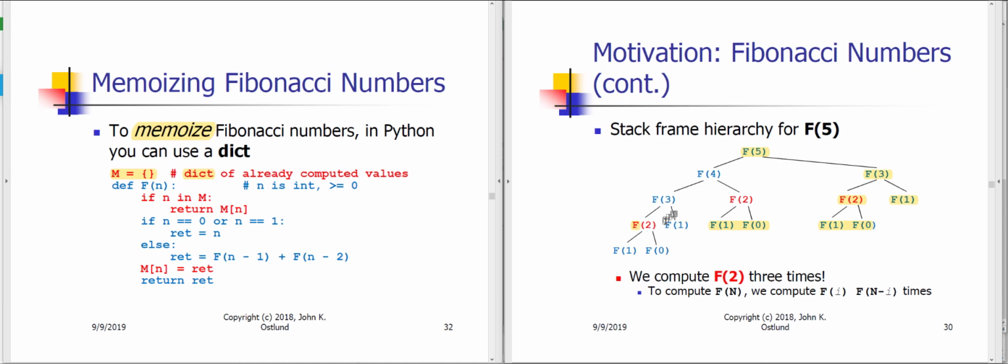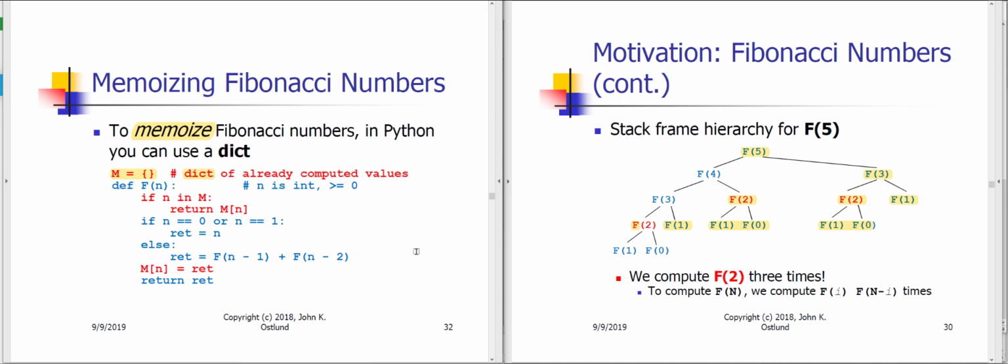In fact, we only compute f of 0 once, f of 1 once, f of 2 once, f of 3, f of 4, f of 5 once. And we use memoized values and avoid recomputing all of the right-hand subtrees with the sole exception of the first f of 0.